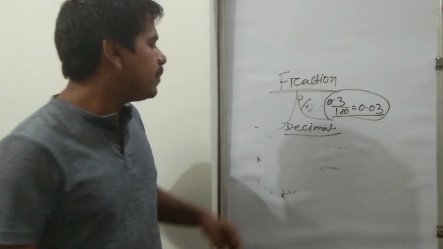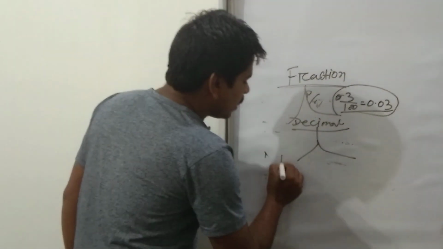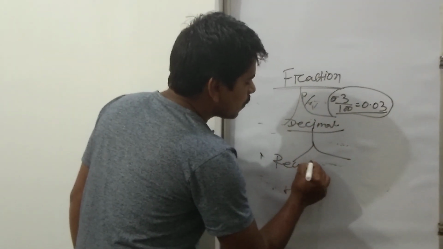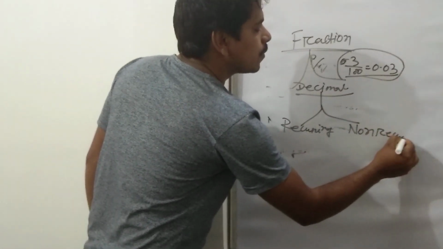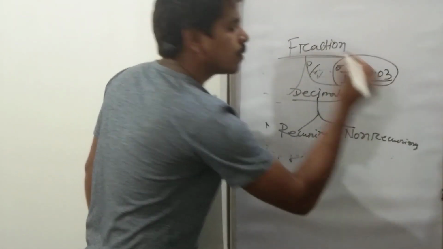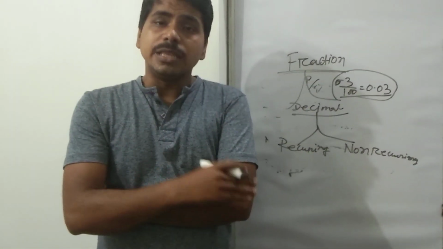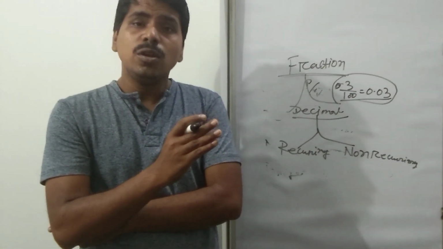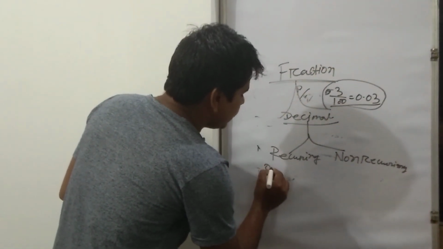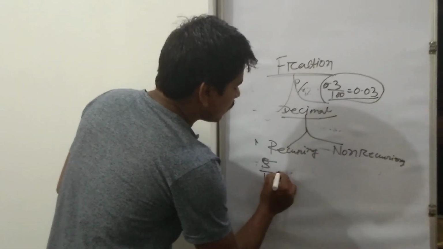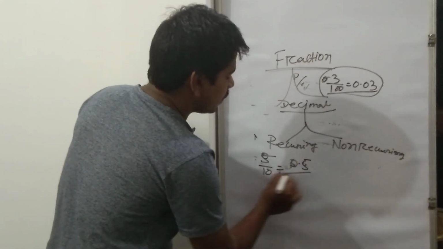Okay, decimal is divided into two types. One is terminating and another is non-terminating. Okay, what is the terminating? The decimal we can find, for example 5 by 10, that means 0.5.